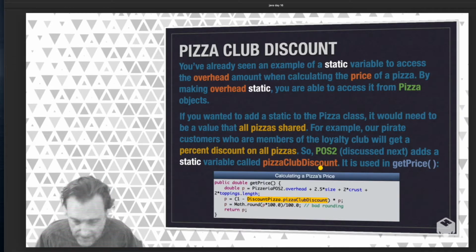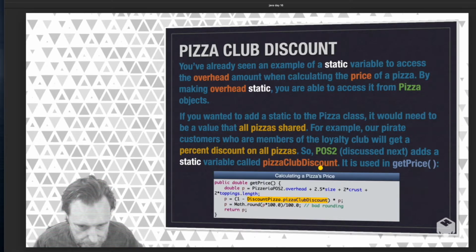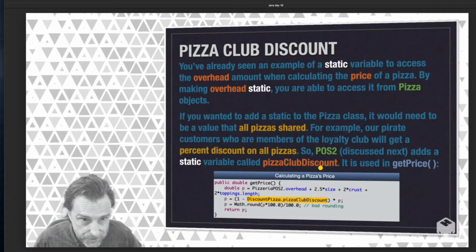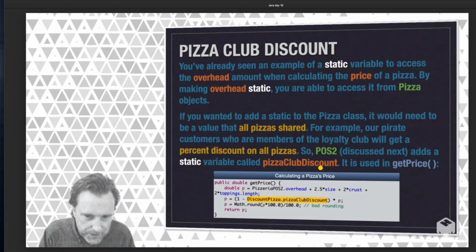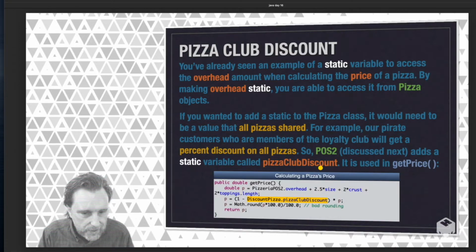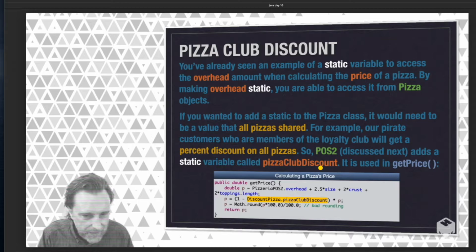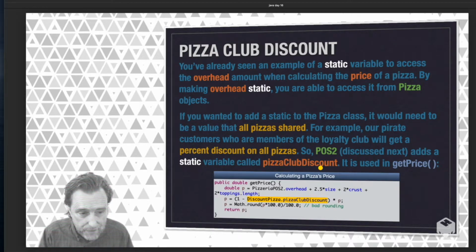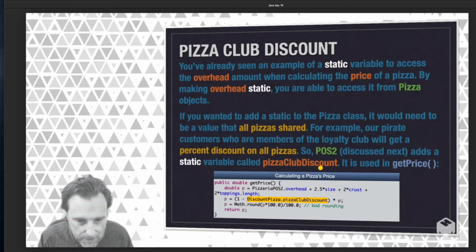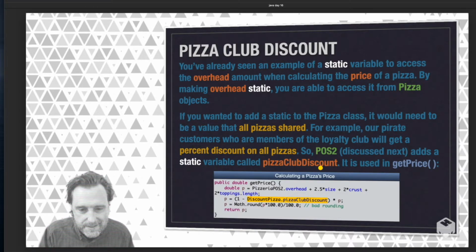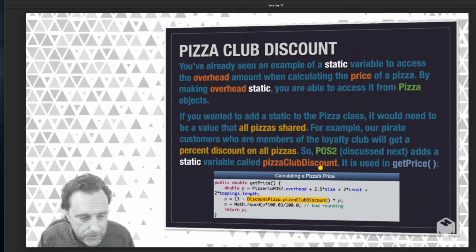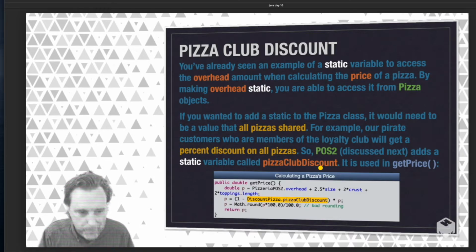All right, so here's the example that we're going to get to, which actually has two statics in here. You can see the double P equals Pizzeria.overhead rate. That's the overhead static associated with point of sale 2. And then discount pizza is a new class we're going to write to add this discount feature. And then pizza club discount is the discount on pizzas that you get based on your loyalty club point balance.